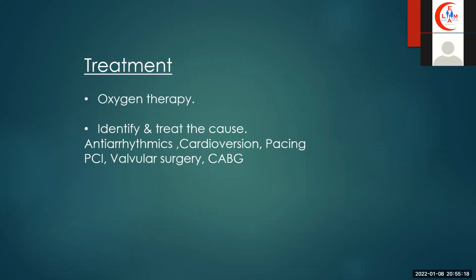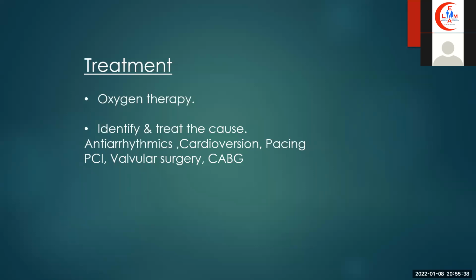If the patient is in arrhythmia and is unstable, you can do cardioversion. Cardioversion here is synchronized cardioversion, not like a patient in cardiac arrest, where you do unsynchronized cardioversion.